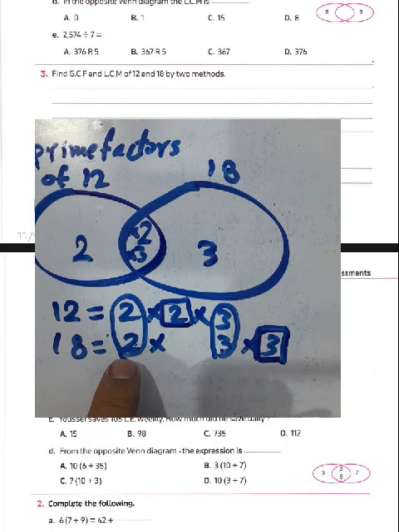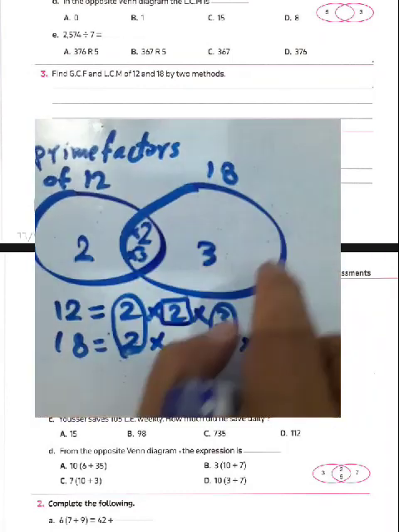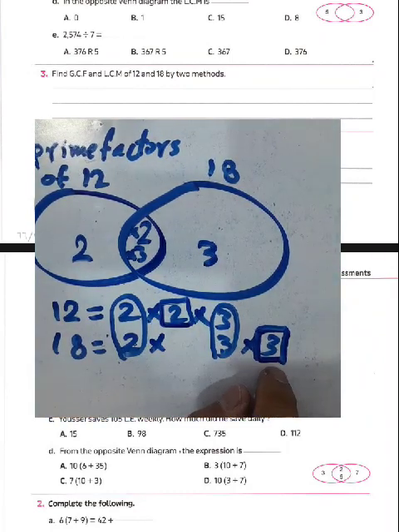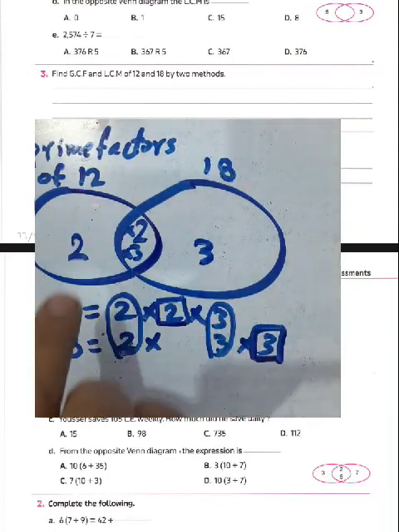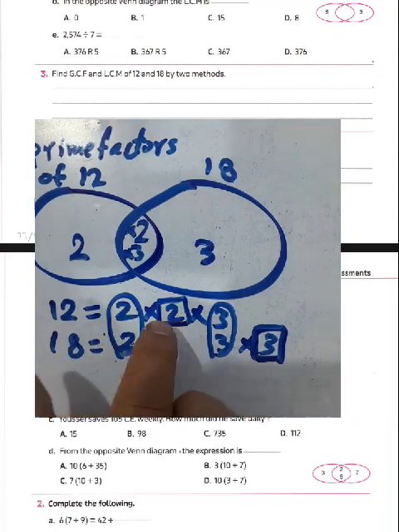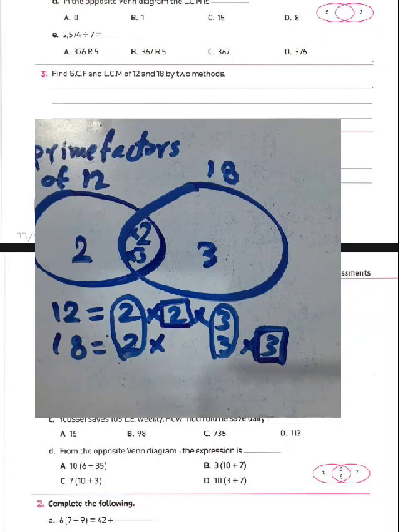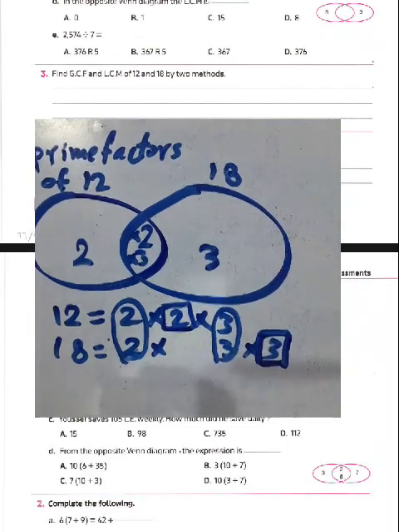Because I wrote 2 and 3 in the circle of 18, the remainder there will be 3. And in the circle of 12, after writing 2 and 3, the remainder will be 2. That's the second method.